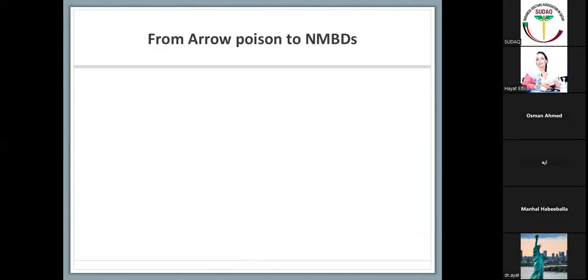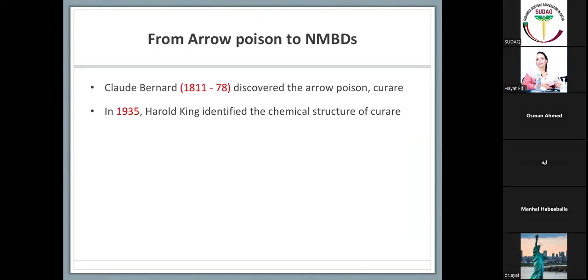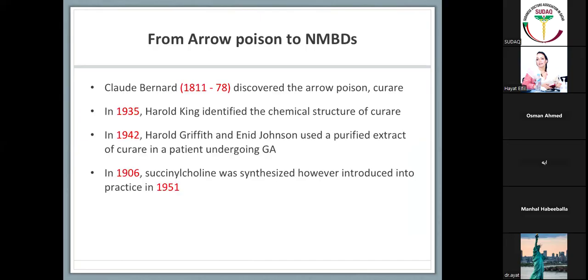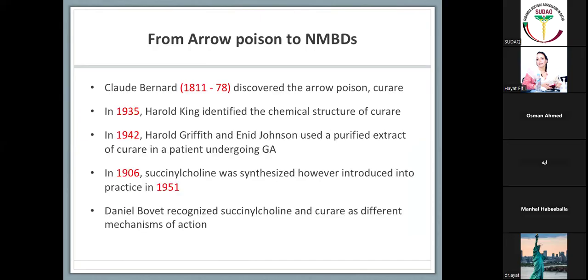So in terms of history, the arrow poison used by the Amazon Indians during the era of 1811 to 1878 marked the start of muscle relaxation, as they used the arrow poison curare to hunt animals.